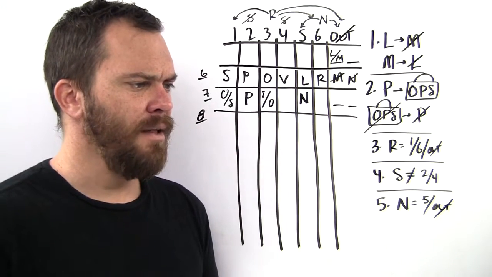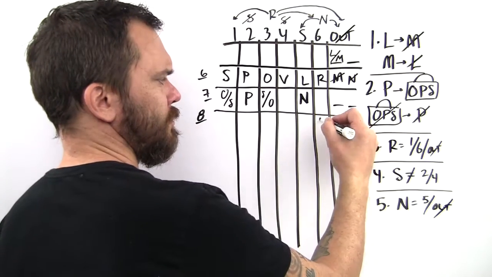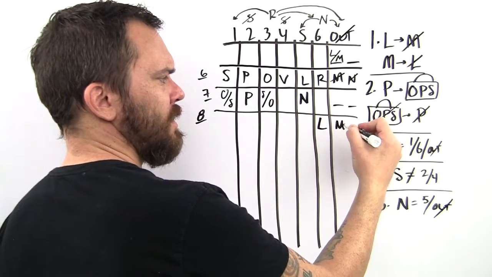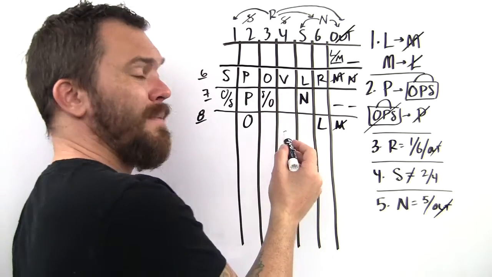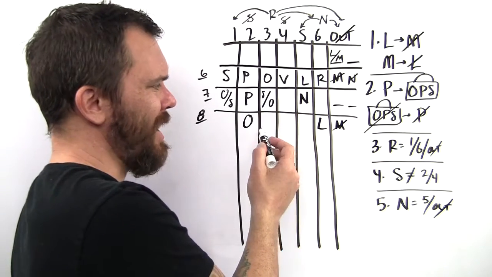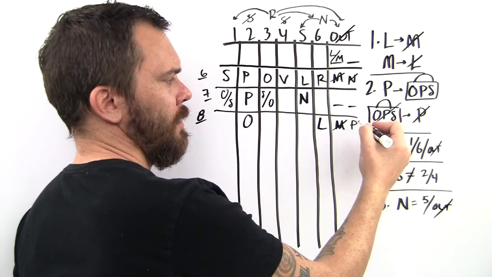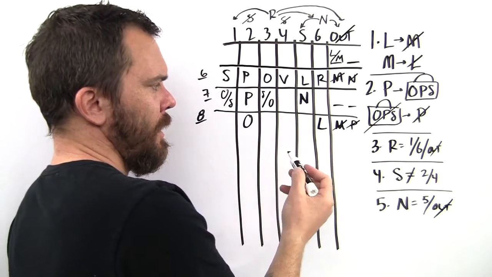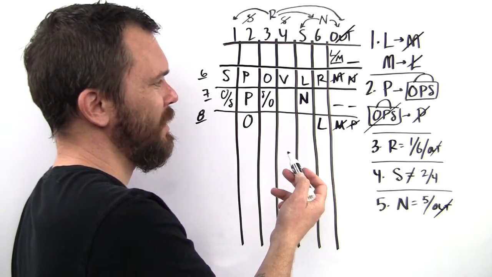Question 8, if L is in 6 and O is in 2. L is in 6, M is out. O is in 2. That means P is out because we're not going to get OPS. And everybody else is in, but I don't really know where. Let's see.